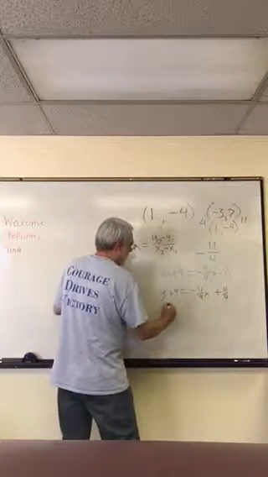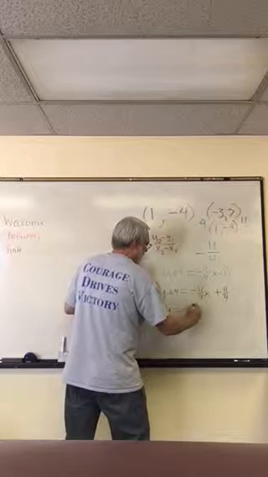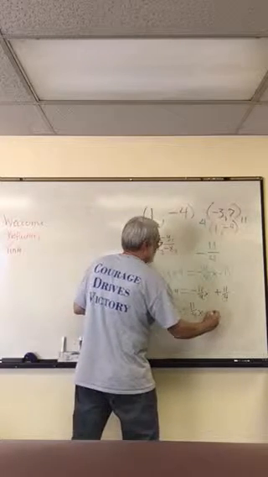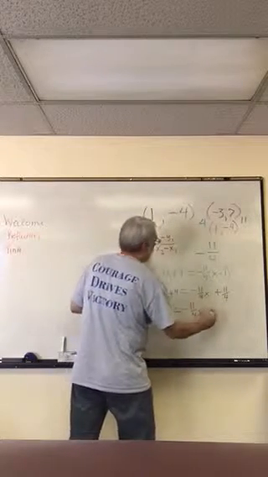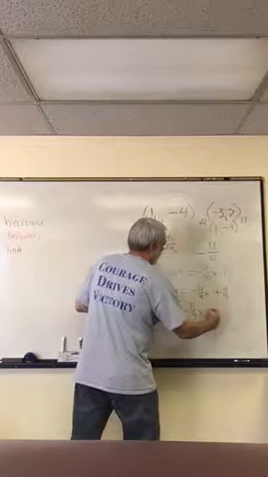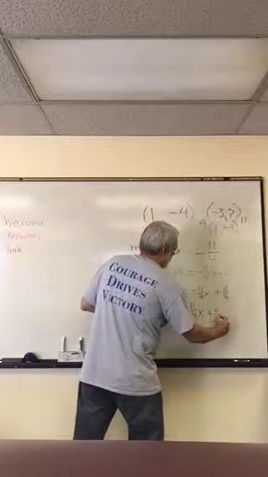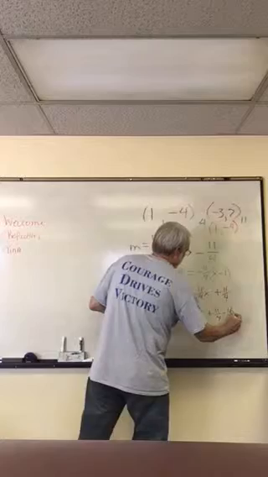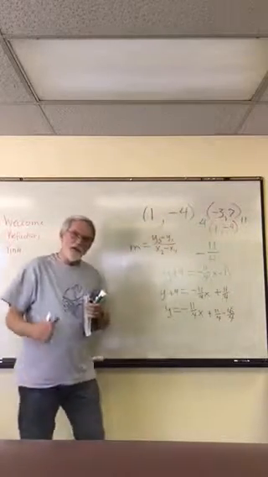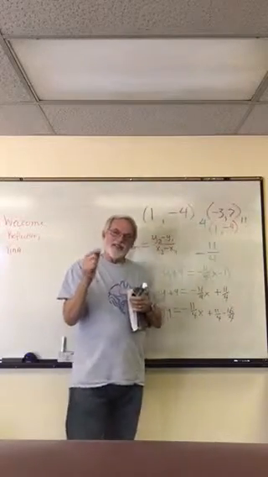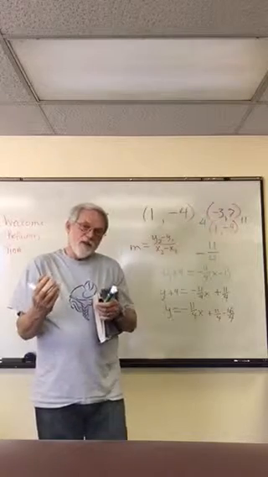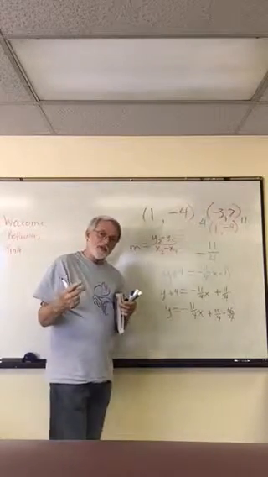And so we end up with y equals -11/4 x plus 11/4 minus 16/4. Notice that I converted the 4 into 16/4 because that's the same thing, and then I subtracted that from both sides.